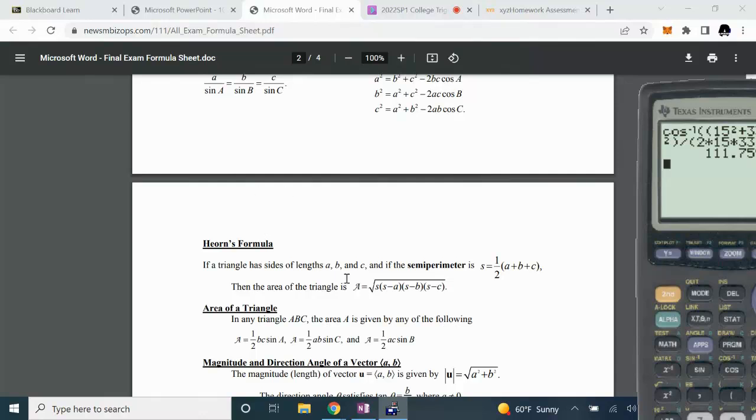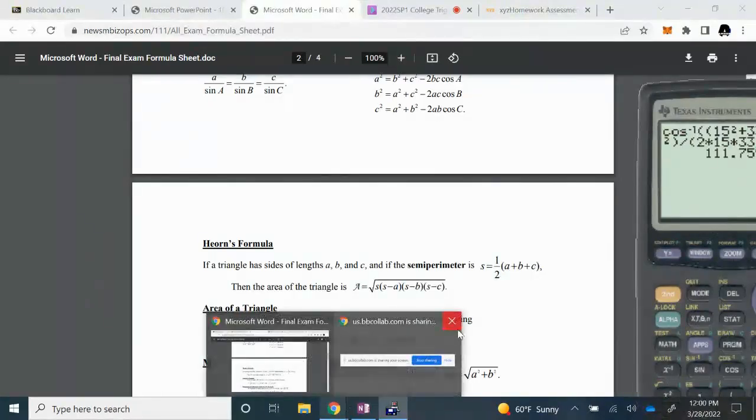It says if a triangle has sides of lengths A, B, and C, then the semi-perimeter S is equal to 1/2 times A plus B plus C. And then you must use that semi-perimeter to find the area, which is as follows. The area is equal to the square root of S times S minus A times S minus B times S minus C, all within the square root.